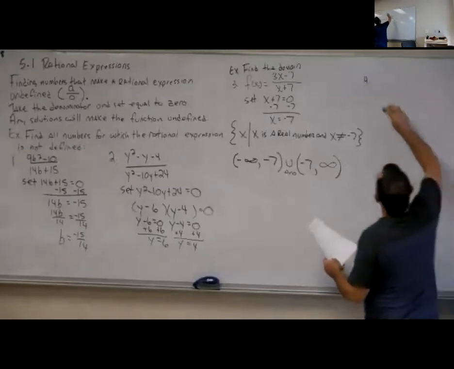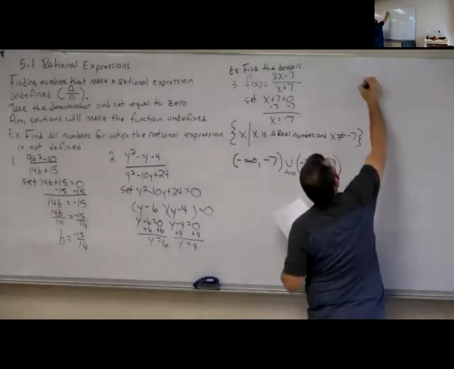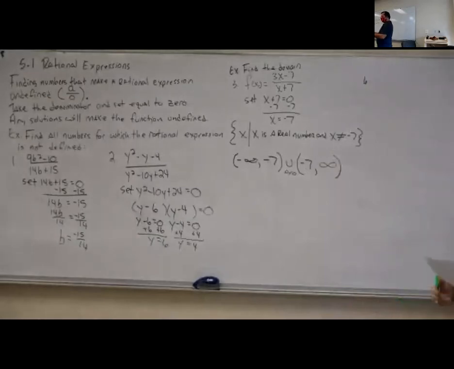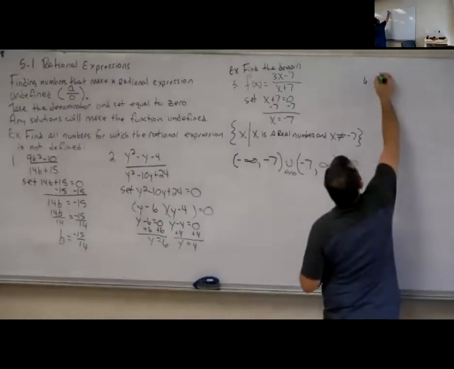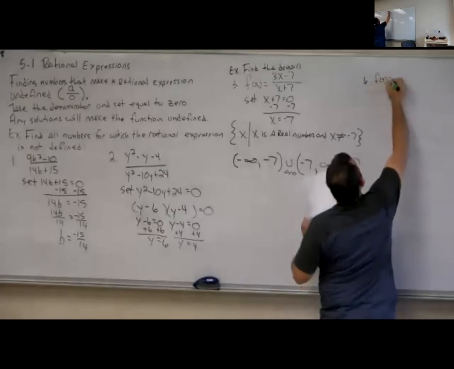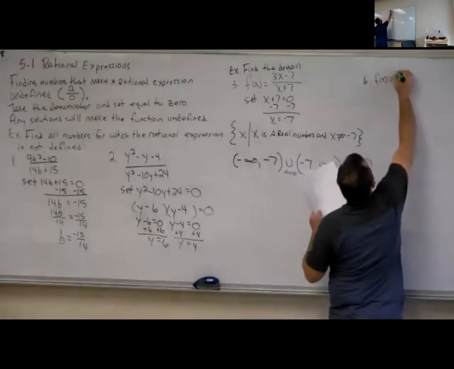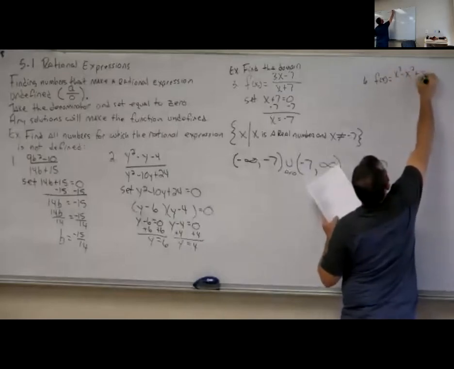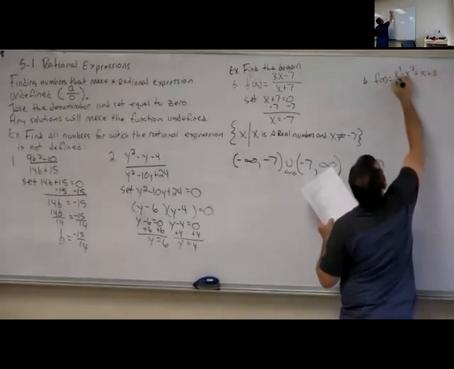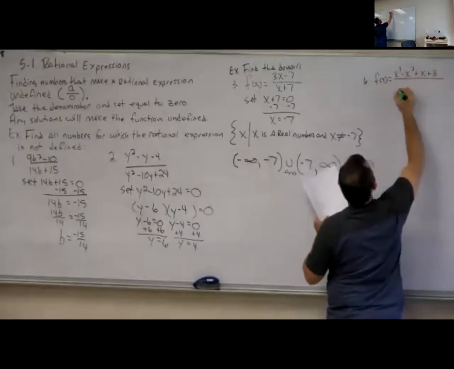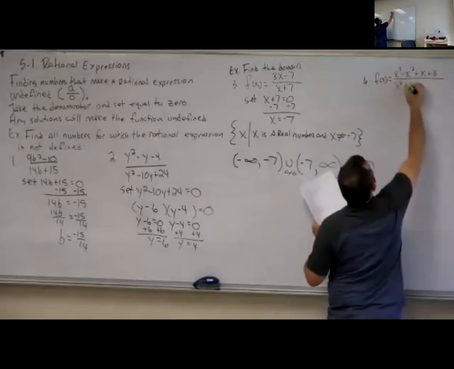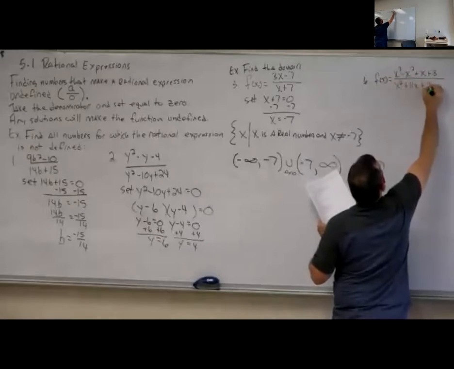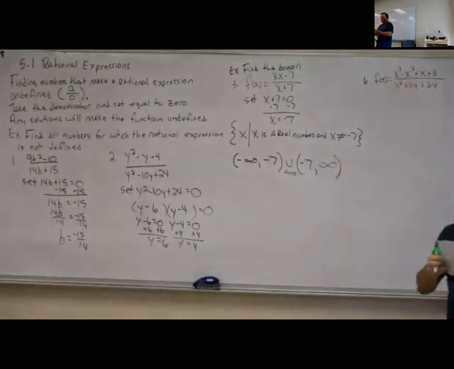Oh, I'm gonna do one like number 6. So this would be like all number 6. This one is f of x equals x to the third minus x squared plus x plus 3, all over x squared plus 11x plus 24.